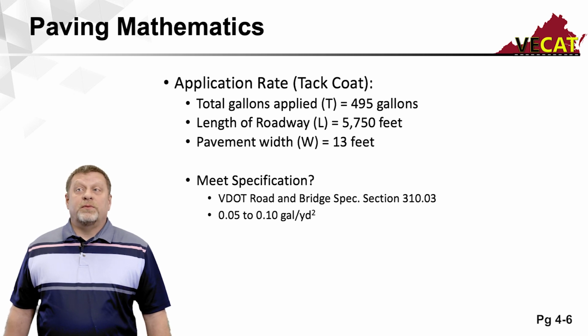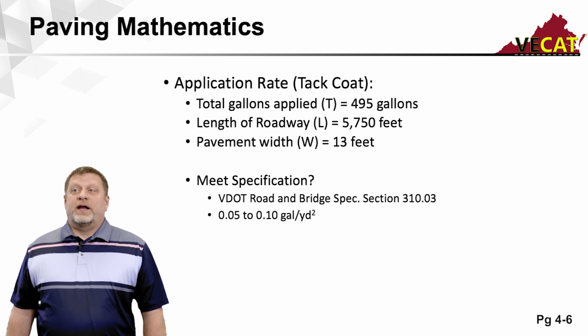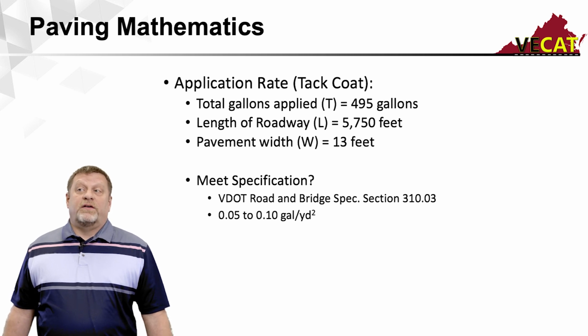Here's an example problem for the tack coat. In this case, we're dealing with gallons. We have 495 gallons for this example. The length of our roadway is 5,750 feet. The pavement width for this, or it could have been your distributor width, was 13 feet.